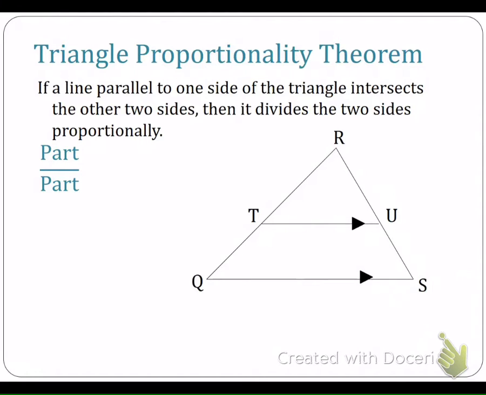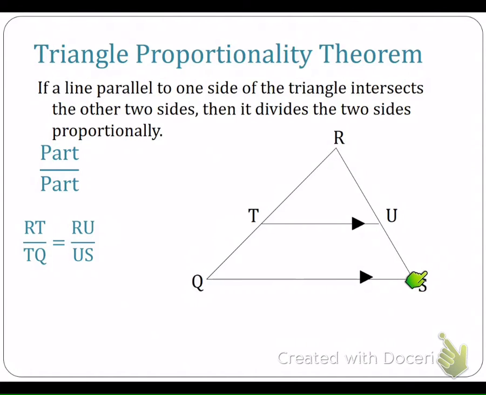So you could do the part over the part. So in this one, part over part, it would be like RT over TQ. So along the same side, part over part, RT over TQ, would be the same thing as RU over US.